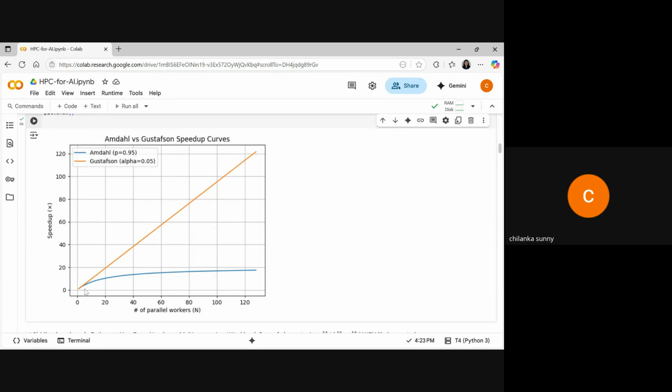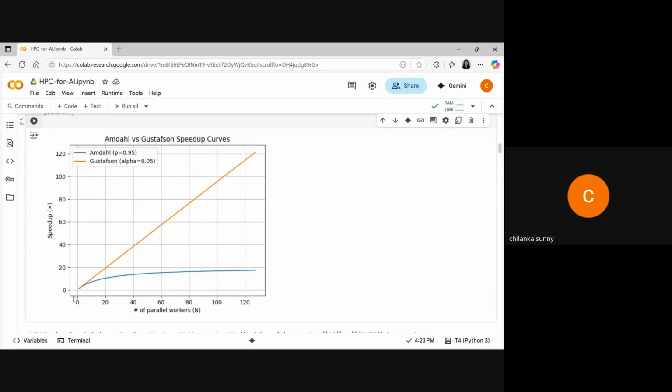Here we see that as we increase the number of devices or parallel workers, the speedup is increasing, but very slowly, and it attains the saturation point very early. So it is a very flat curve, which means even though we are adding devices, let's say from 80 to 100 to 120, there is no effect on the speedup curve because it is limited by the serial fraction of the workload.